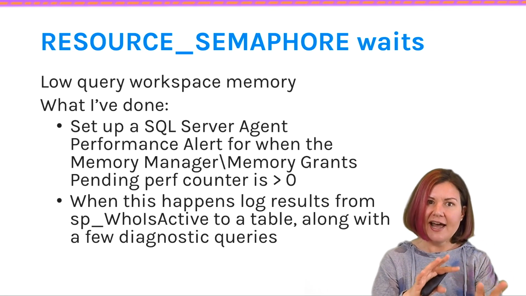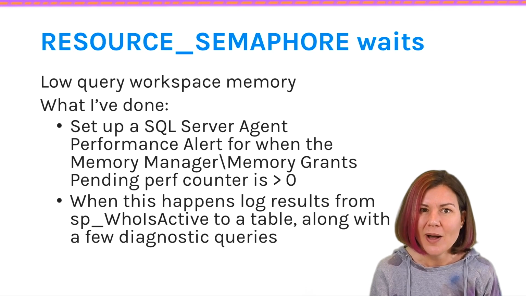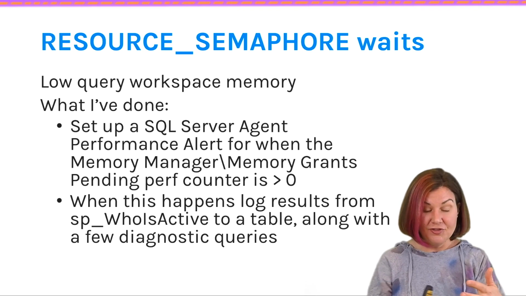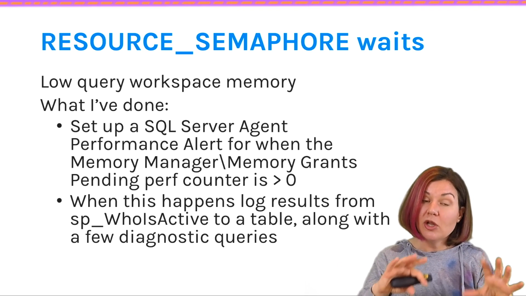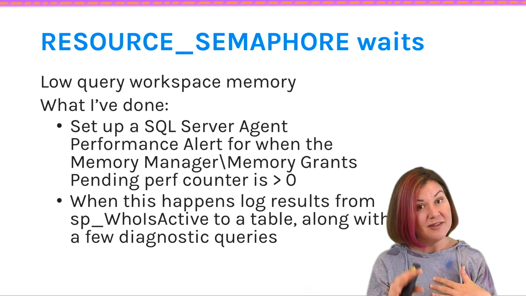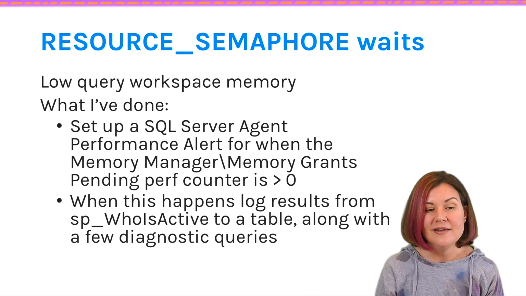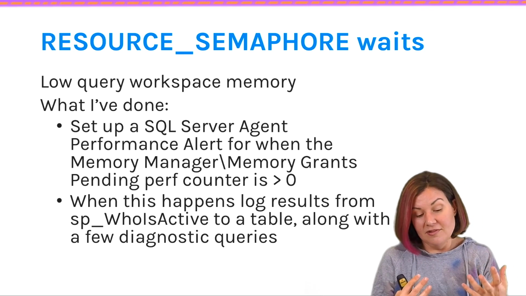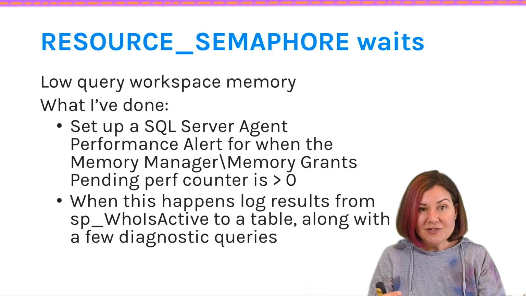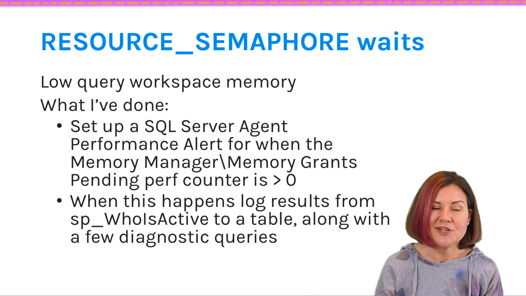But usually you're going to have outstanding requests as well, because if all of the memory was available for my query workspace memory, usually I could get started. The amount of it available does depend on the amount of memory your SQL Server has.